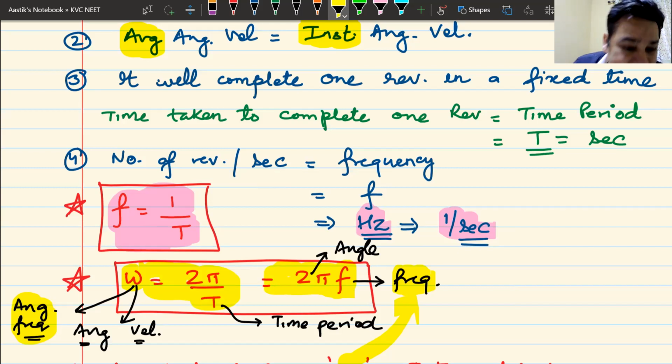So in some cases, especially in AC and simple harmonic motion, we will be calling omega angular frequency. Remember, for uniform circular motion, or for that matter rotation, we'll call it angular velocity. But in case of alternating current AC and SHM, we would be calling it angular frequency.